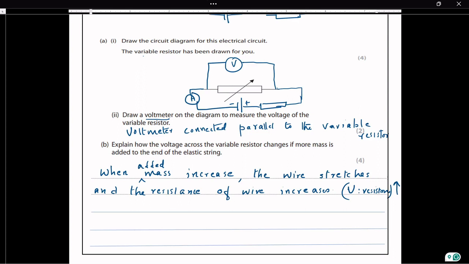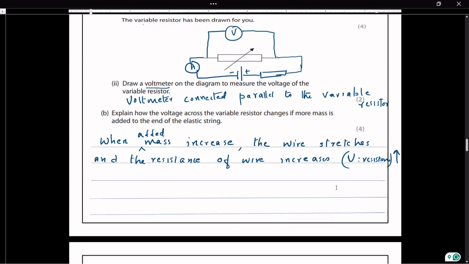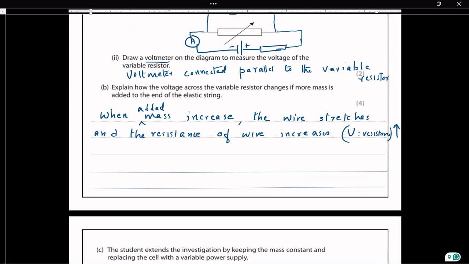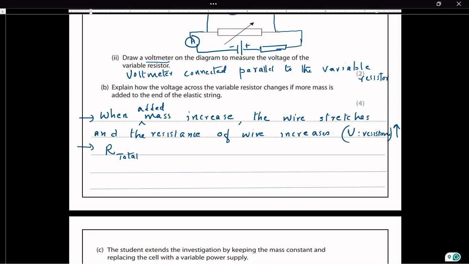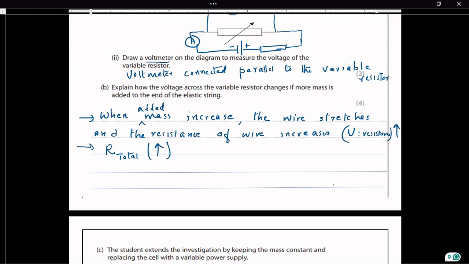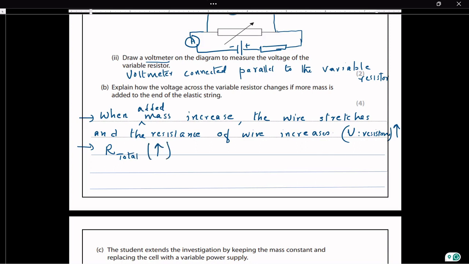So when the variable resistance is increasing, the total resistance of the circuit is increasing. That means R total increases. I'm putting the symbol just to save space and time, but in the exam, please write the words R total increases.